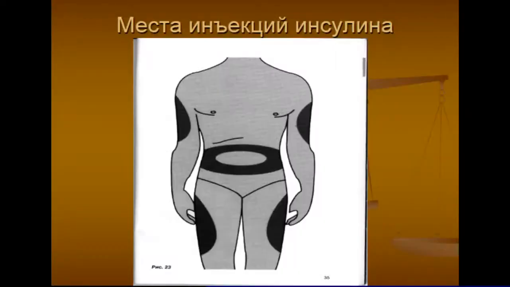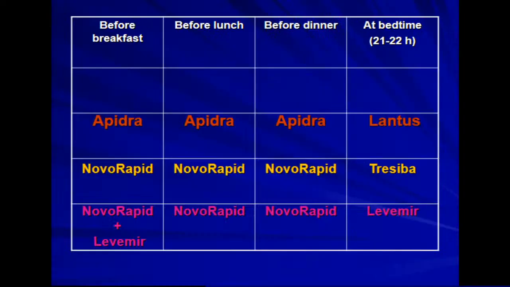Here is the way of introducing insulin subcutaneously. This, for example, is a basal-bolus regime. We see introduction of ultrashort-acting insulin before meals, for example Apidra before breakfast, before lunch, before dinner, and the last injection at bedtime, around 21 to 22 hours, where we introduce only Lantus.